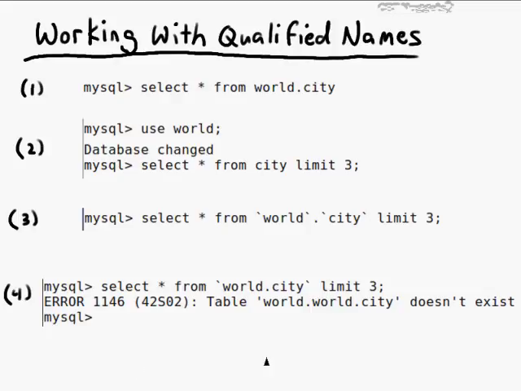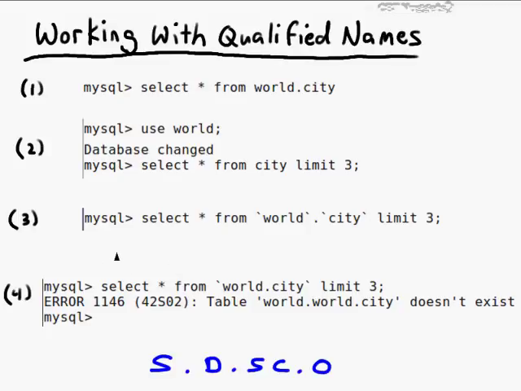Those of you who are expert with SQL Server know that a fully qualified name would go something like this: server name dot database name dot schema name, and then finally dot object, where the object refers to a table, a function, a stored procedure, etc., etc., etc.